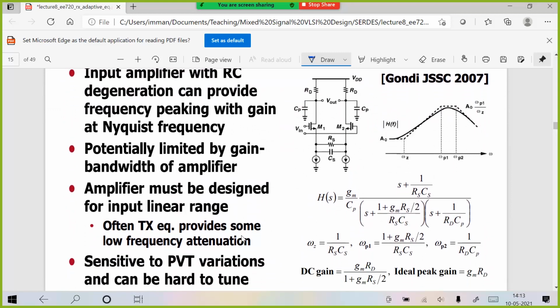You can see that there is RD and CP here, RS and CS here. I want you to take it up and derive the transfer function. The final answer should look something similar to this. So please take it as an exercise, and you need to be able to derive this particular transfer function.